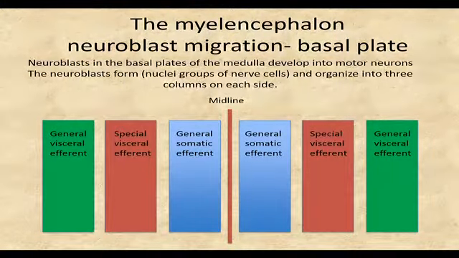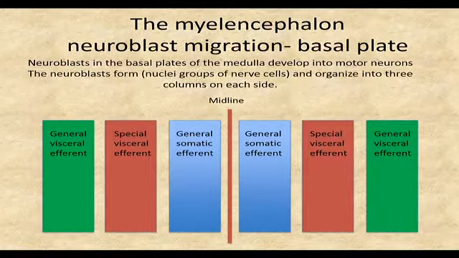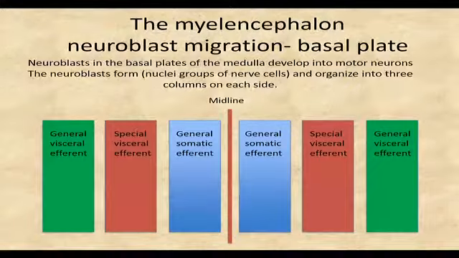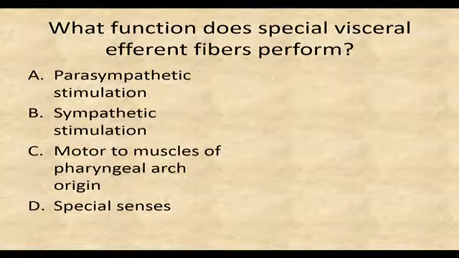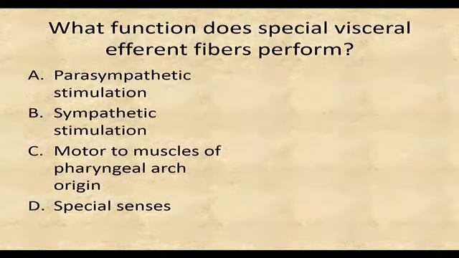You're right. And so you're going to want to refresh your memory on what these functional components are. Maybe it's the next question, but I don't think, yes, it is. But what function does special visceral efferent project to? What targets do special visceral efferent neurons, if they have this function, project to?